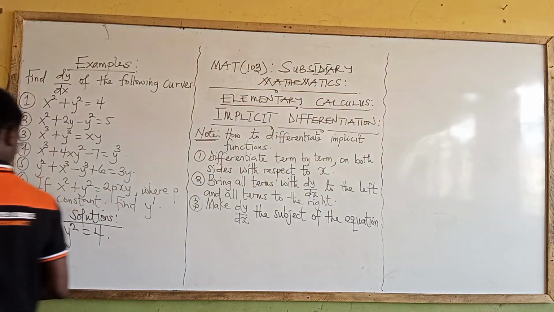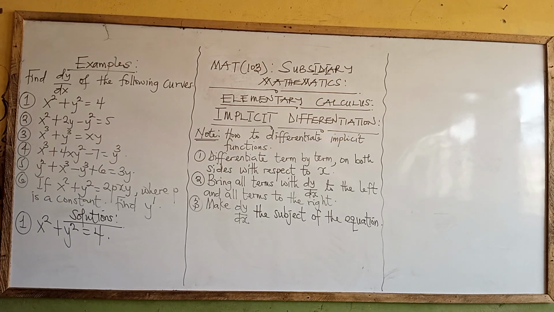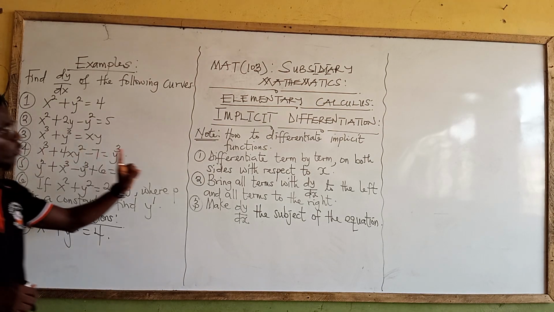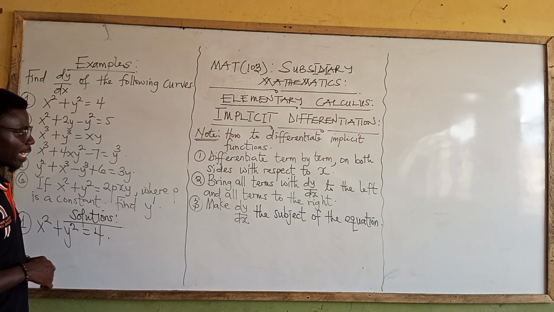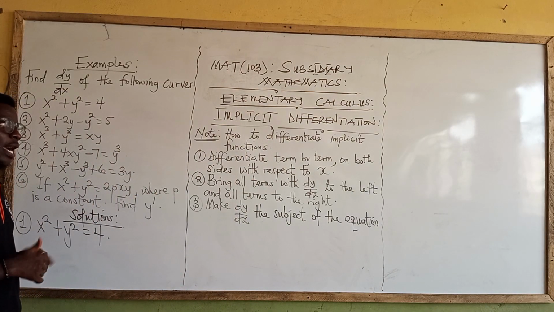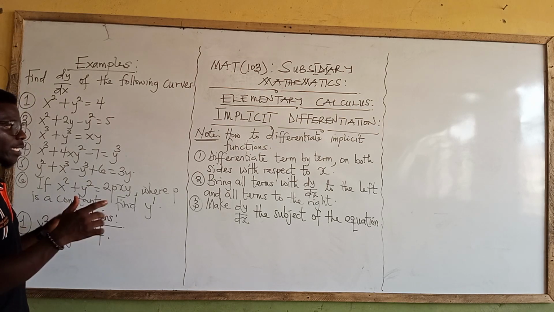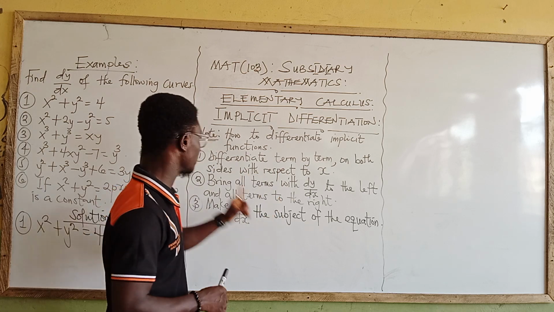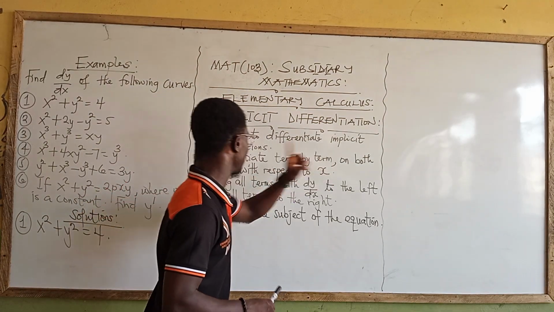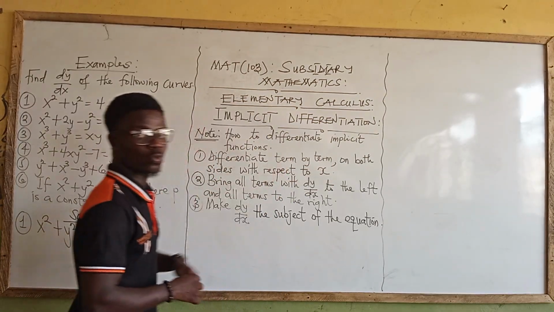So now we want to differentiate this. We differentiate term by term on both sides with respect to x, bring all terms with dy over dx to the left and all other terms to the right, so we make dy over dx the subject of the equation. So one, differentiate term by term on both sides with respect to x.